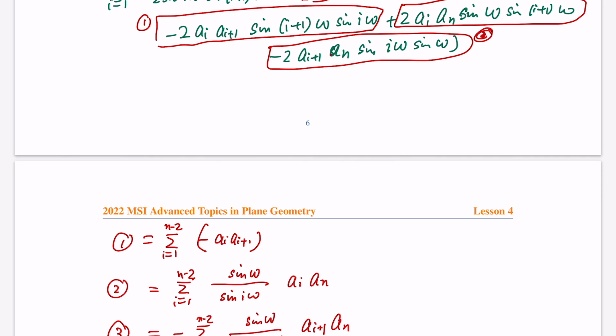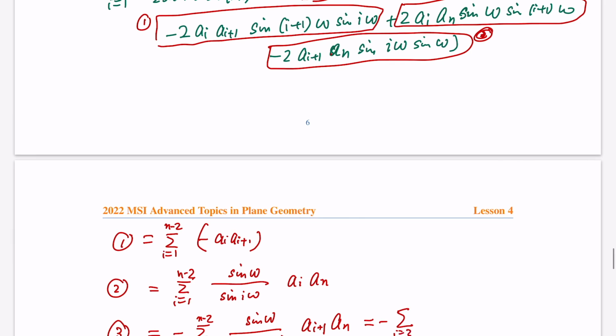And you would see that this summation is from I plus 1, and I is from 1. So if I is from 1, you can change this to be, because I from 1, this summation is from 2. So why not just say I from 2 to n minus 2, and the sine omega over sine I omega, and the AI AN. I can do that.